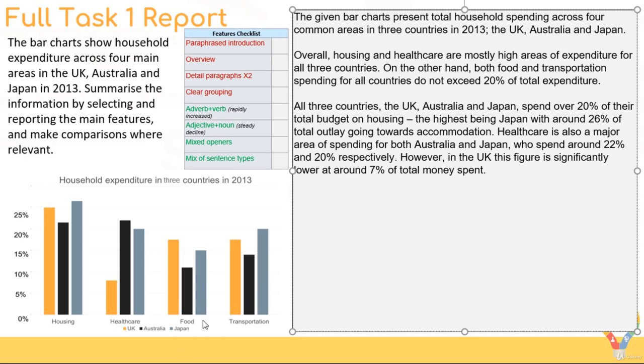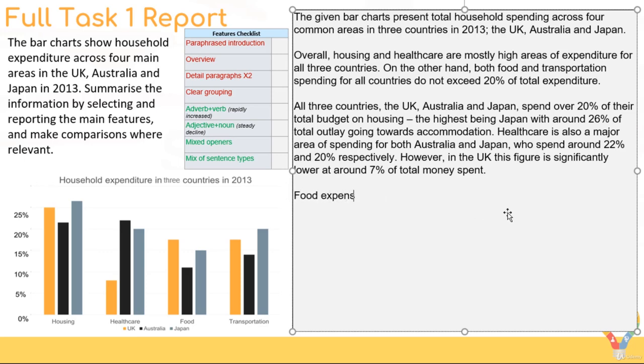Okay, so let's take a quick look at food costs. Everyone seems to be spending between 10 and, let's say, 18%. So let's start off with that.